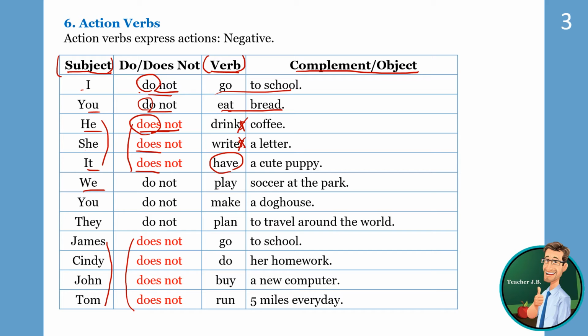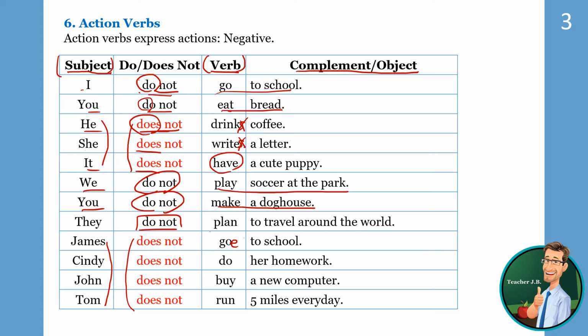We play soccer at the park. No, we do not play soccer at the park. You make a doghouse. No, you do not make a doghouse. They plan to travel around the world. They do not plan to travel around the world.